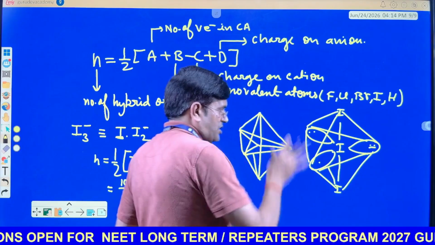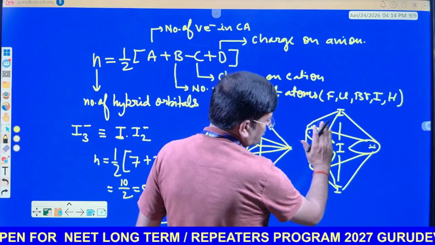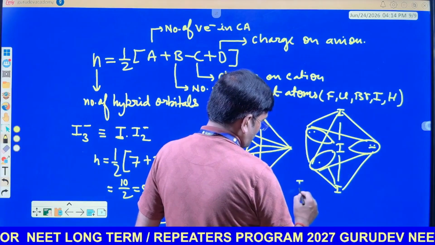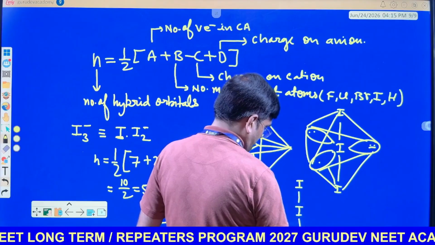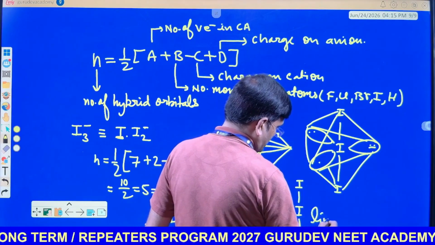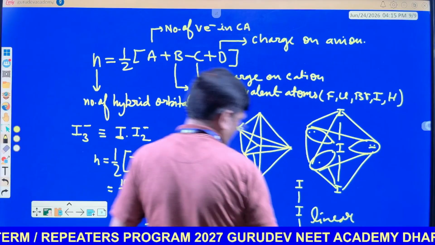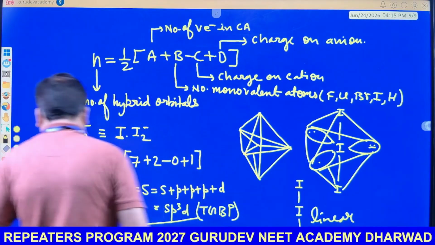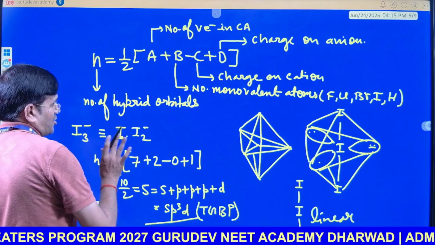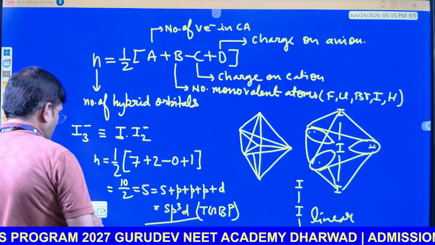And during the prediction of the shape, lone pair is not counted. So cover the lone pairs. It looks like this, so it is linear. Getting?